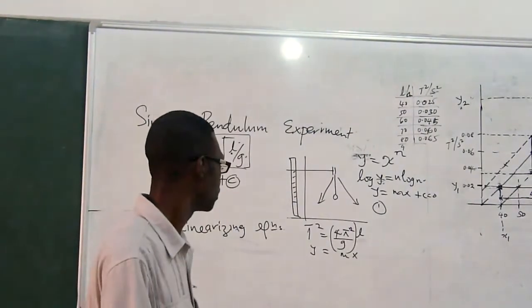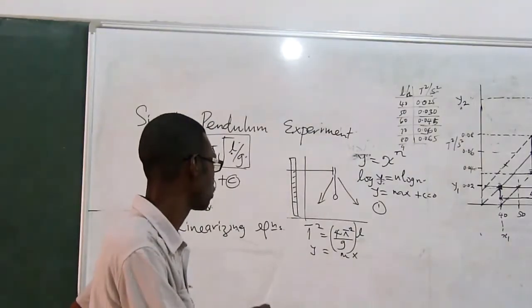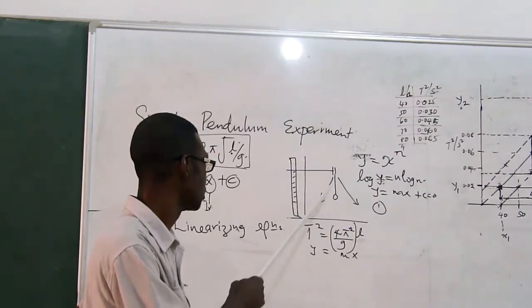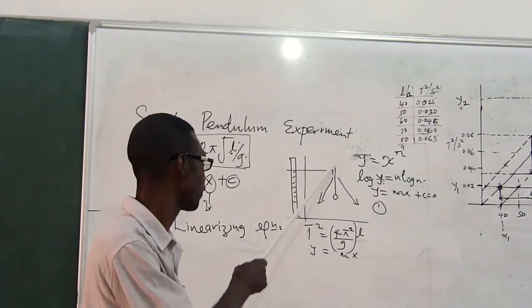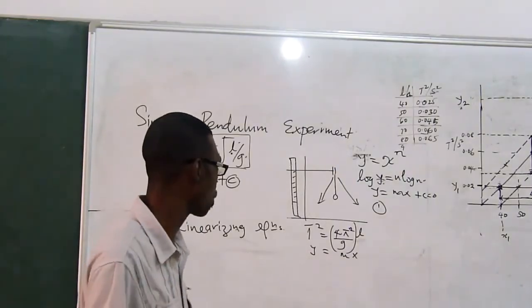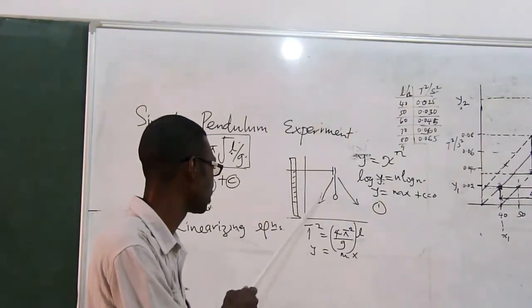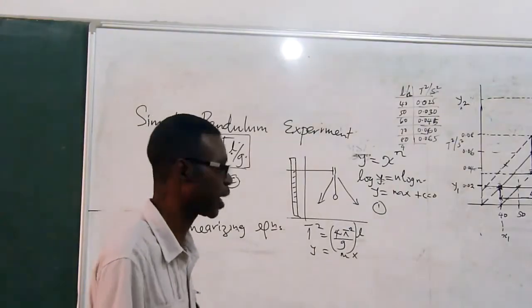Alright, so the procedural setup for the experiment looks like this. This is the pendulum suspended with the head of a split cork and clamp, and then you have your ruler that you use to measure the length, and then you have your stopwatch that you use to measure the time.